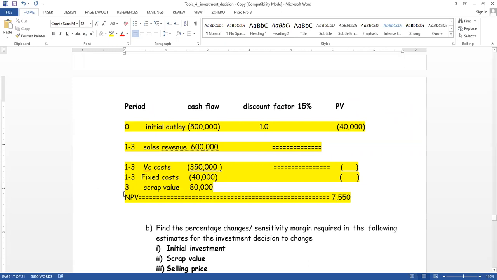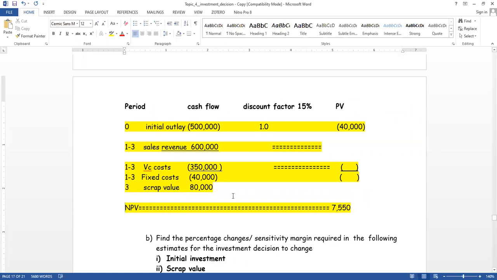So when I am determining my discount factor here, I will not use annuity, but I will go to the present value tables, the ones that are in 0 series. I look for the present value discount factor at 15% for 3 years. So don't use annuity when it comes to scrap value.